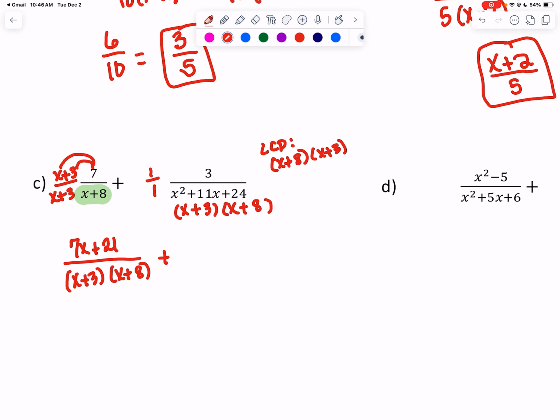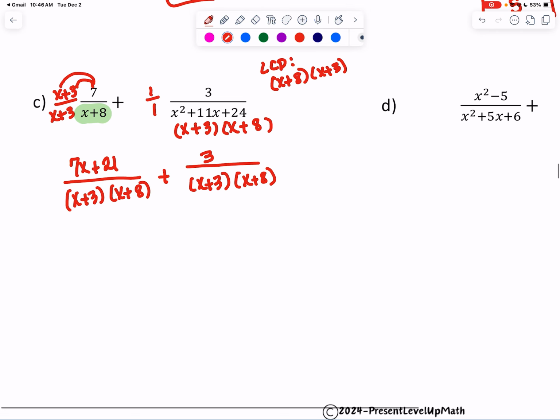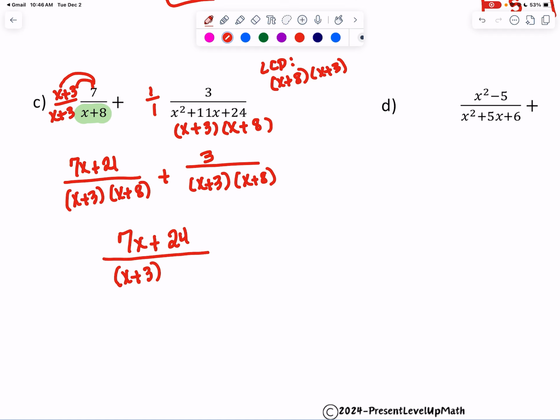All right, plus, I didn't multiply the second fraction by anything, but I do want to write the denominator in factored form. All right, now that we have a common denominator, we can just add like terms. So we have 7x. 21 plus 3 gives us 24 over x plus 3, x plus 8.